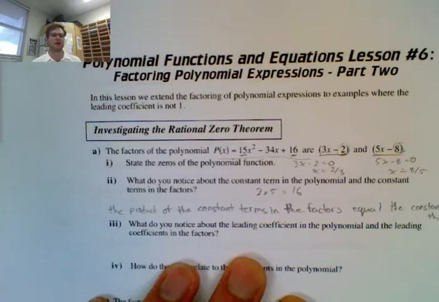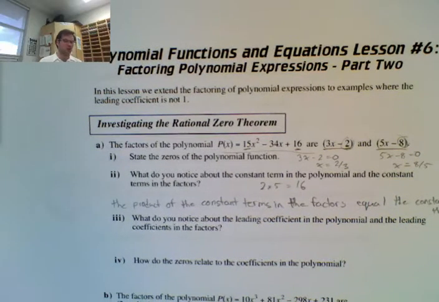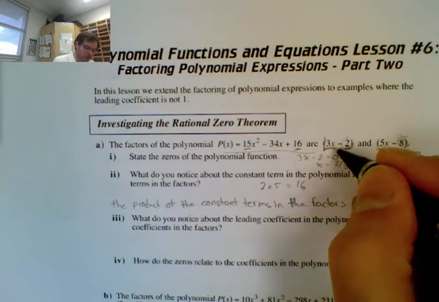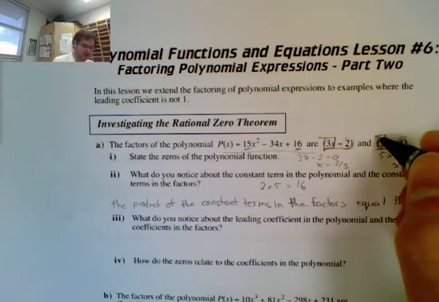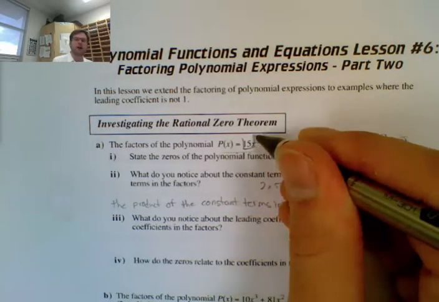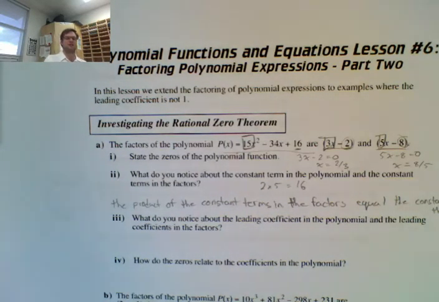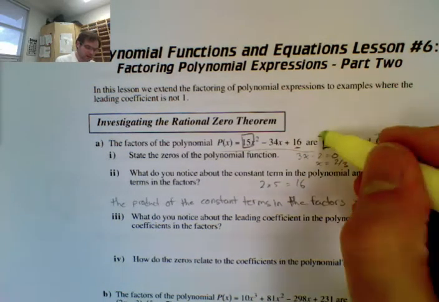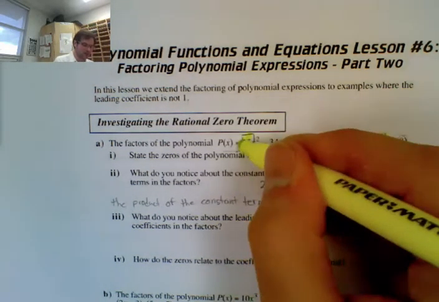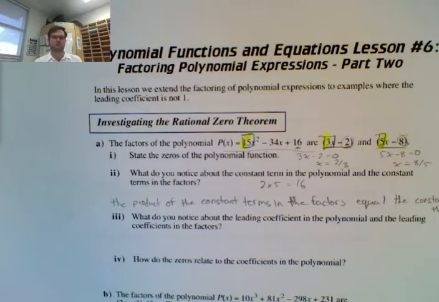Okay, so now the next part says, what do you notice about the leading coefficients in the polynomial and the leading coefficients in the factors? So I look at my leading coefficients here. We have 3 and 5. Well, 3 times 5 gives me 15.